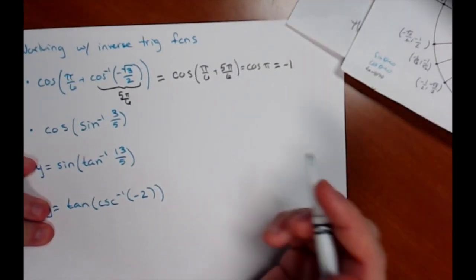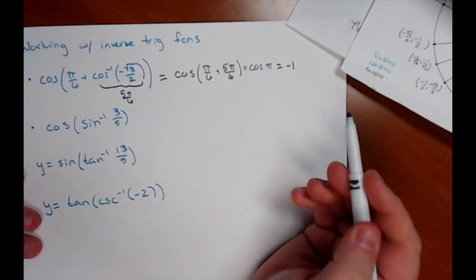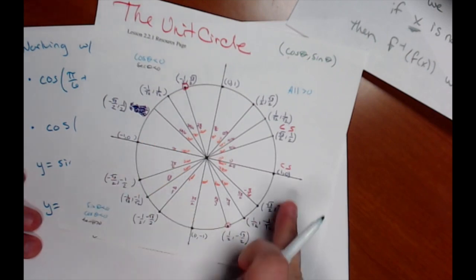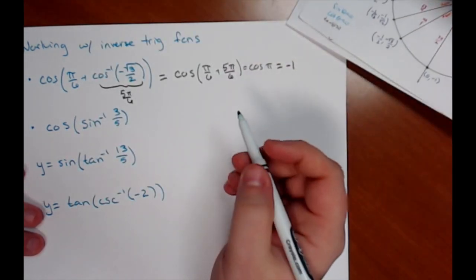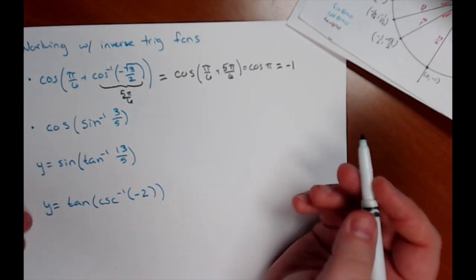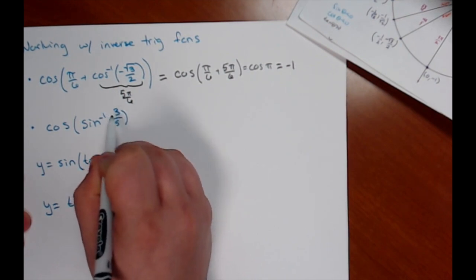And that process works great when it gives us something that's on our unit circle. But if I have 3 over 5, there's nowhere on this that we're going to have a 3 over 5. So we're going to have to use the fact that these are fundamentally trig functions. So there are triangles. So sine, we have 3 over 5.